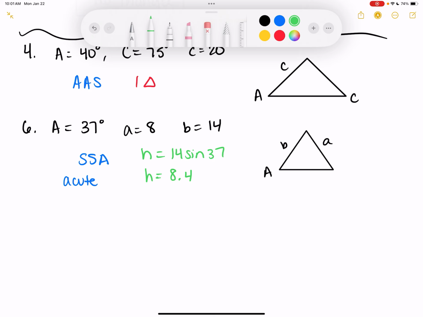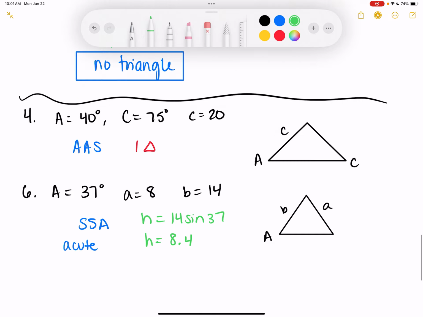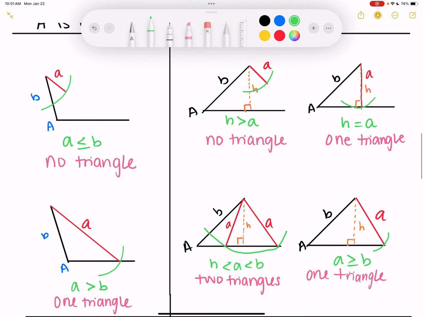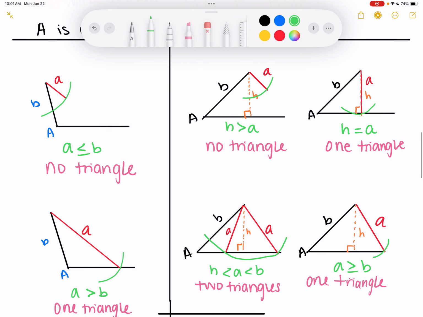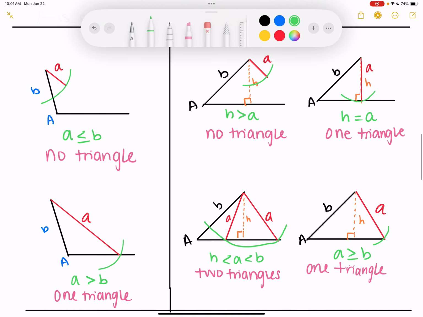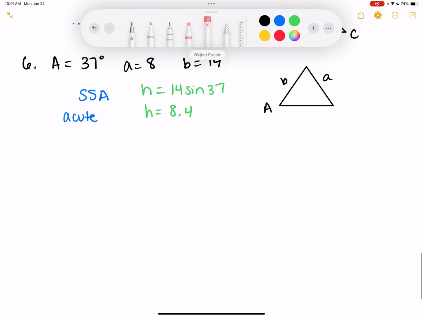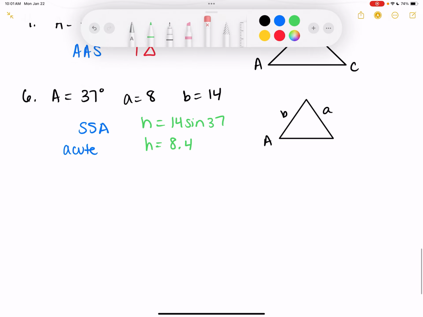Okay, so you see on that one why it's relevant. Okay, 8 and 8.4. If I rounded, they would both be 8. So A compared to H. If H is greater than A, H is equal to A, or H is less than A. So which scenario do I have? No triangle, because H is greater than A. H is greater than A, so no triangle.